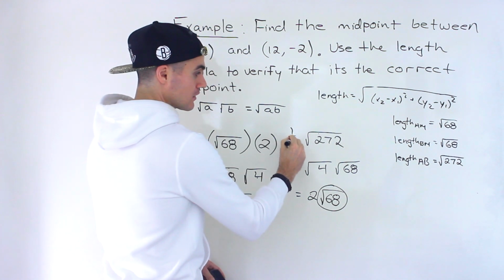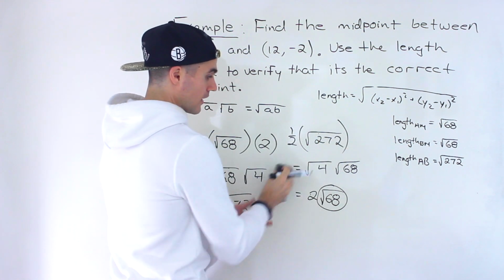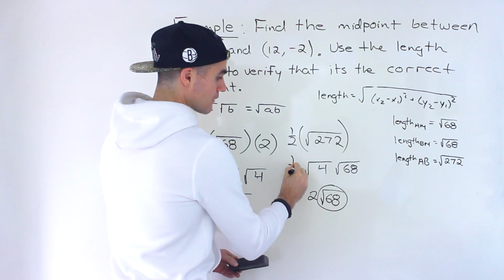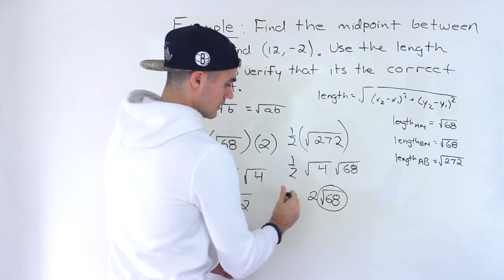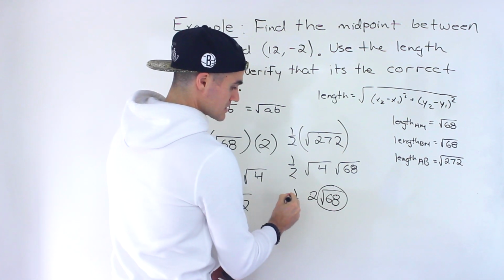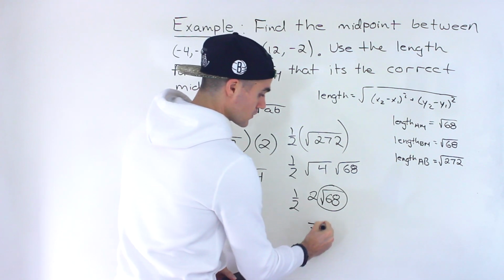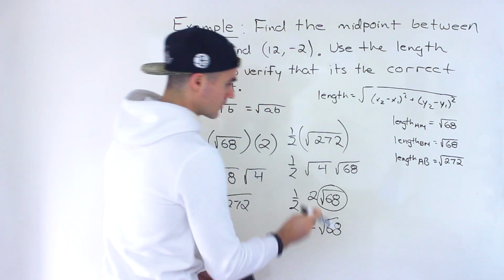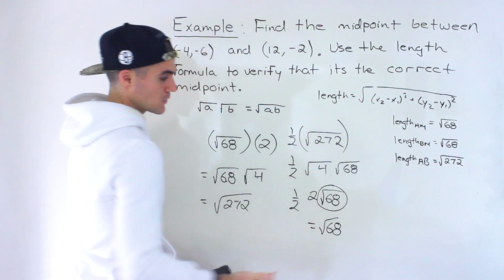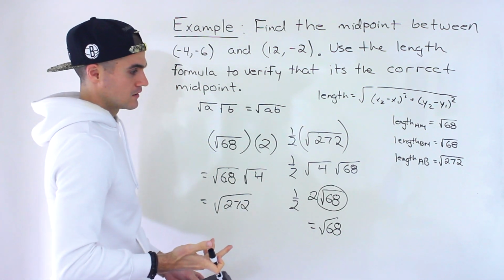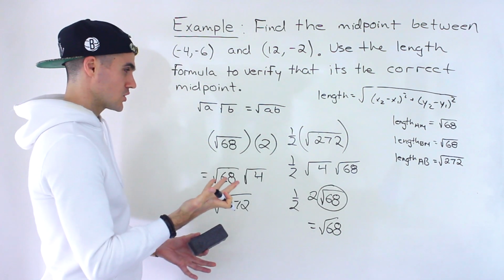If we put a half here the whole time, and then we add a half over here, and then we add a half over here, notice that the half and the 2 would just be 1, and then we'd end up with the square root of 68, right? Half of this is the square root of 68. Okay, so 2 different ways to show it.